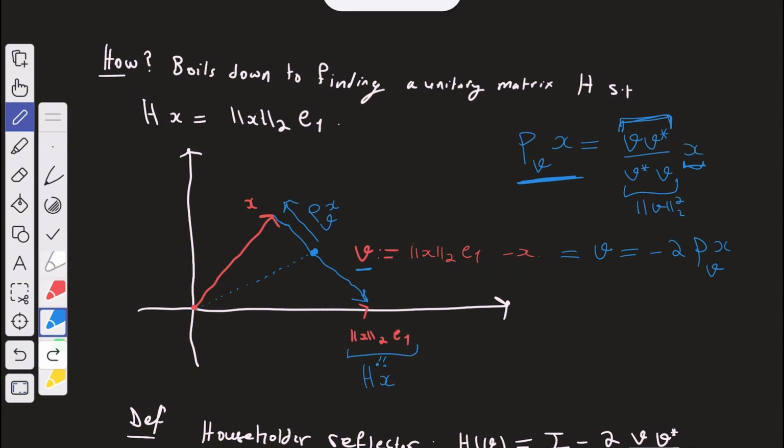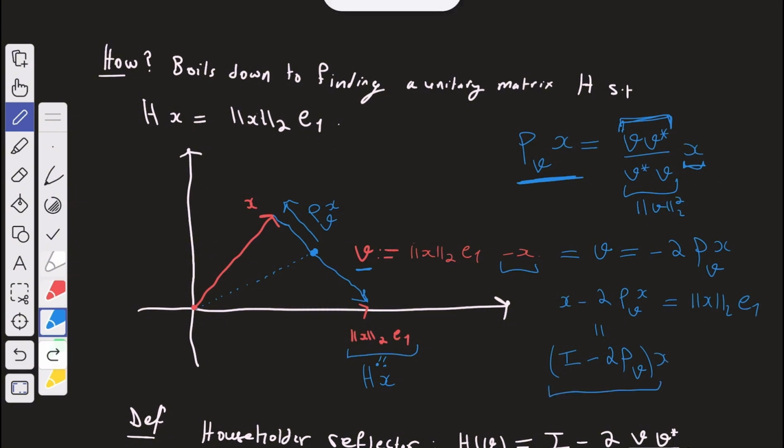And now if we rearrange terms and bring this to the right hand side, we get that x minus 2 times the projection of x onto v is equal to the norm of x times e1. And this is just another way of writing the identity minus 2 times the projection onto v, times x.